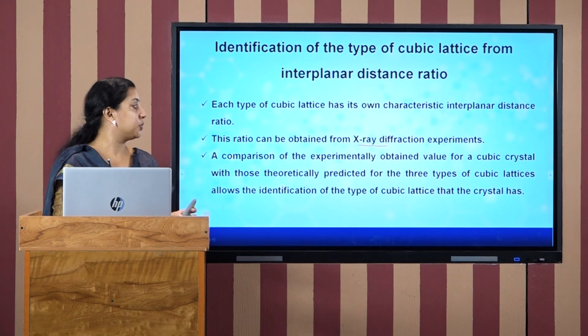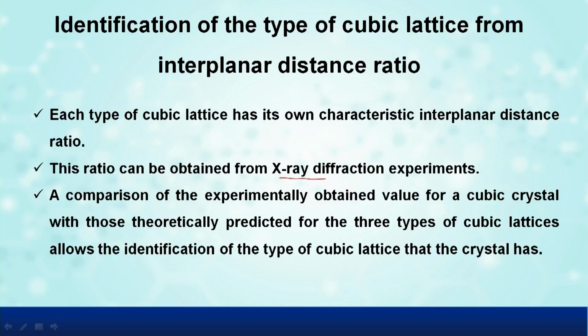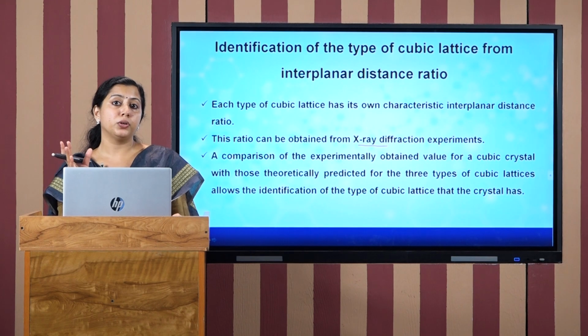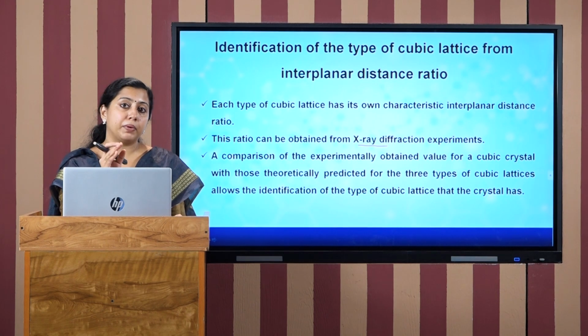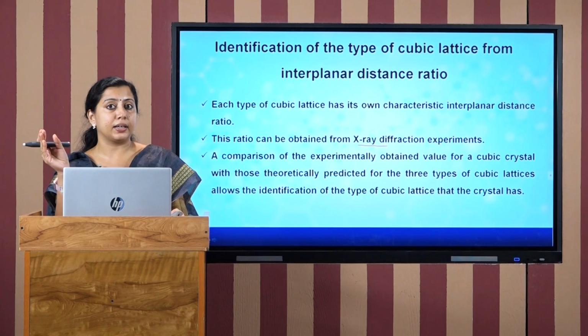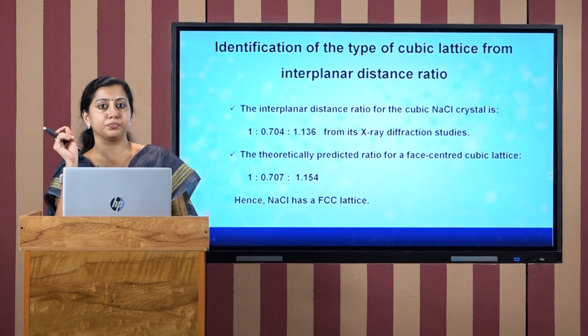So, a comparison of the experimentally obtained value for a cubic crystal with those theoretically predicted for the 3 types of cubic lattices helps to identify the type of cubic lattice that the crystal under consideration has. So, we have to compare the experimental as well as the theoretically predicted value.